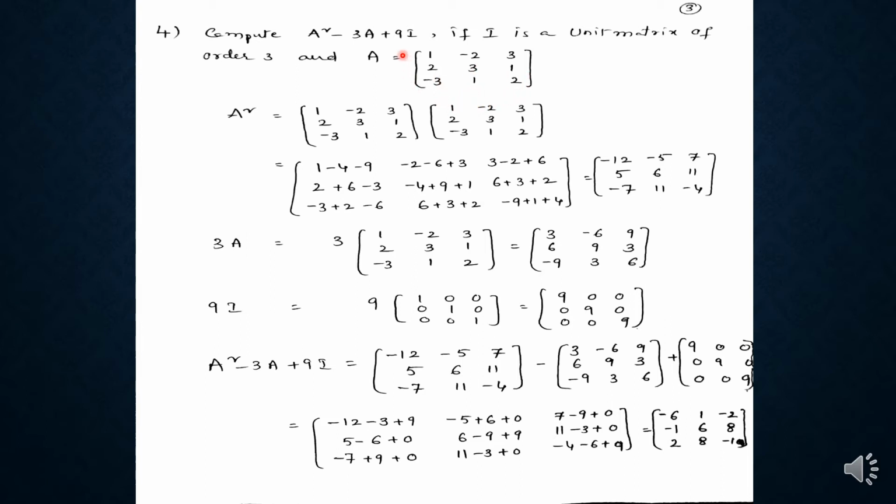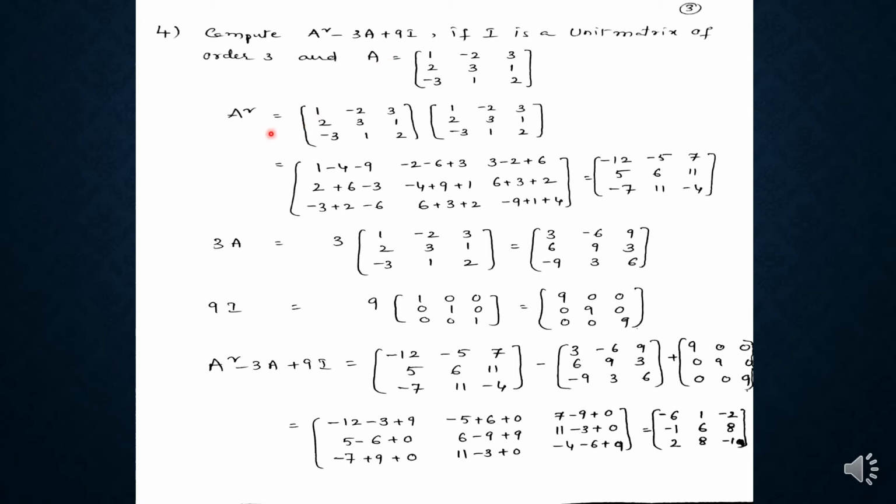So we have been given a 3 by 3 matrix A and we have to find these values, A square, 3A and 9I. After finding all these, we can substitute in this expression and we will get the solution.